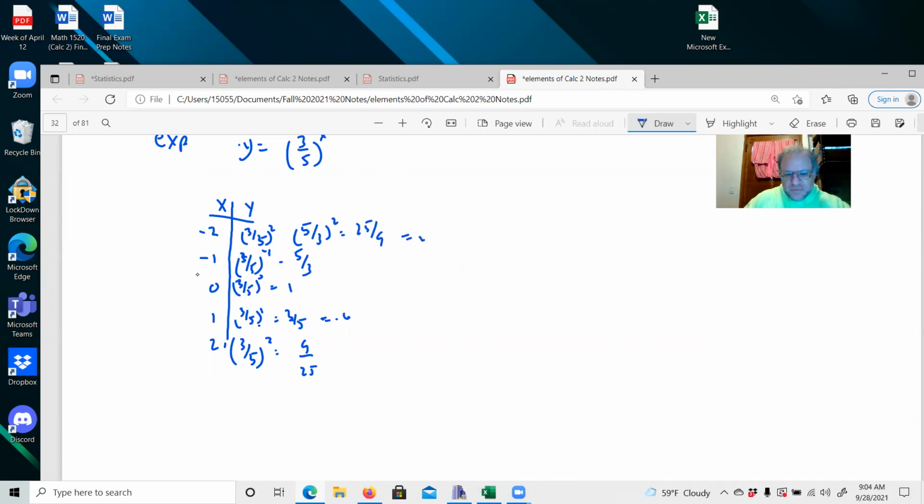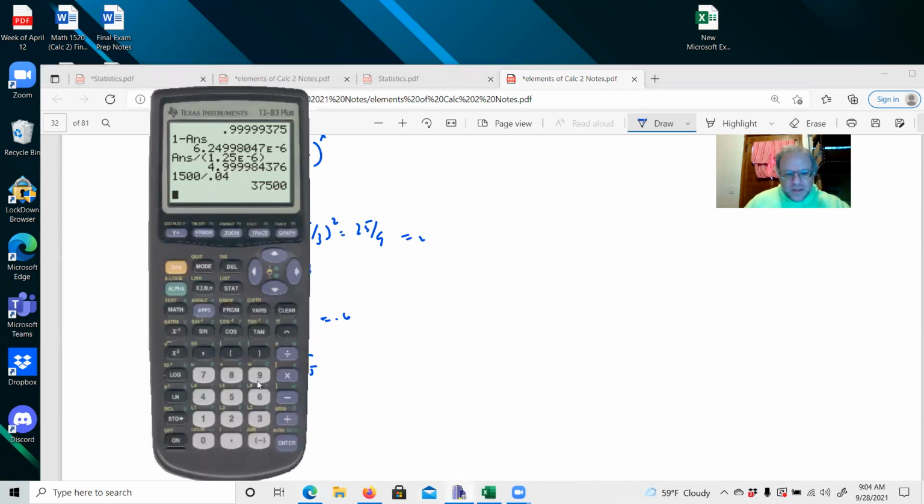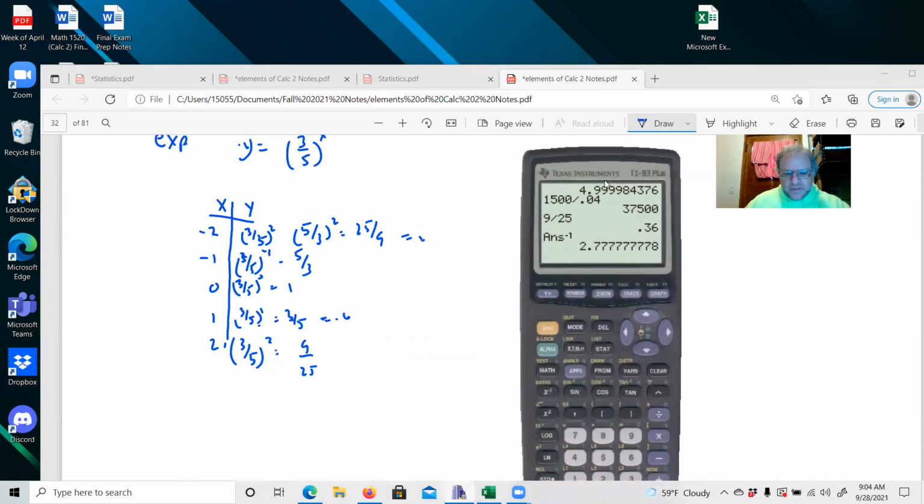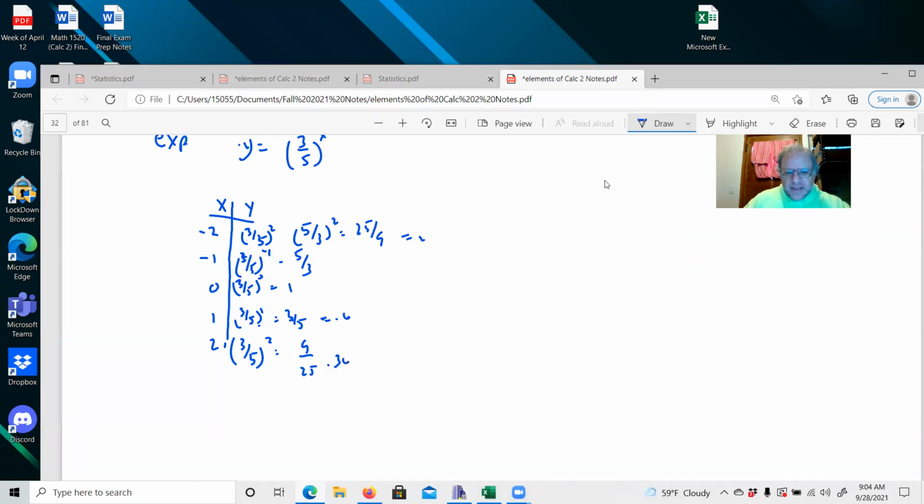Again, about 2 something, but go ahead and make a decimal for it for the sake of argument here. So 9 divided by 25 equals 0.36, and then on the other side, 25/9 is 2.778. So here's 0.36 and 2.778. Now graph it.